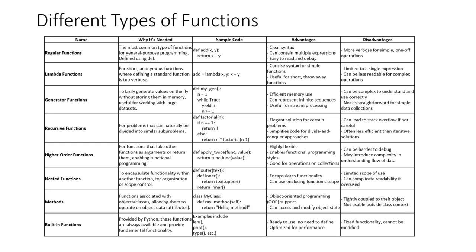Built-in functions are readily available in Python's standard library, providing essential functionality without the need for explicit definition. Functions like print, len, and range are examples that offer convenience and efficiency, optimized for performance and designed to cover common programming needs.